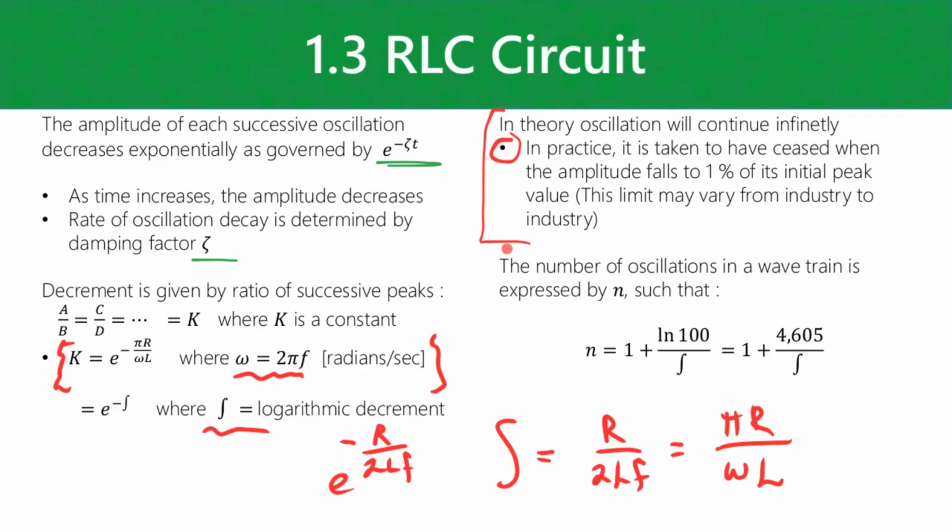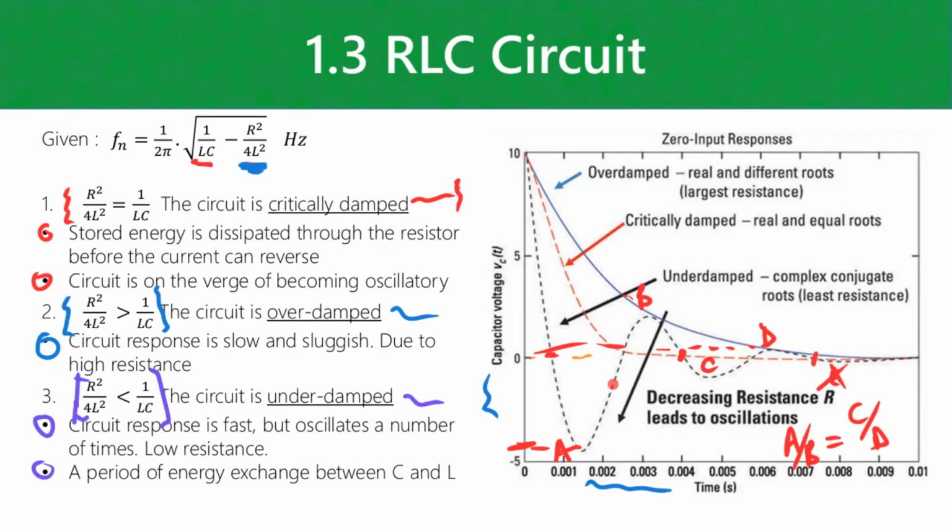In order to determine the number of oscillations that it will take to reach that value, that is just going to be 1 plus ln of 100 divided by the logarithmic decrement. Now you can take this even further. I don't think in the slides I'm taking this further, but now that you know the oscillation, by this point you also know what the natural frequency is.